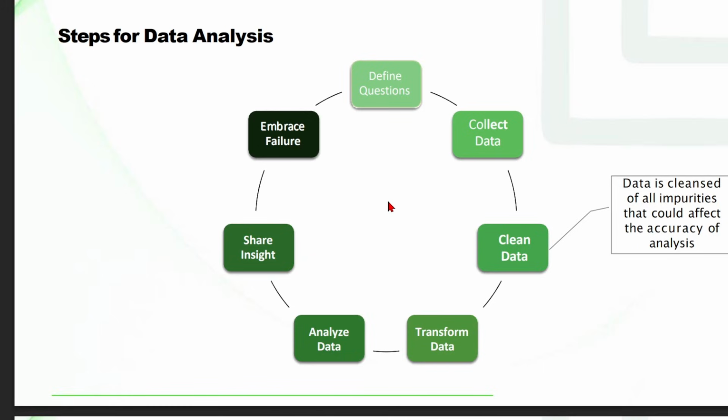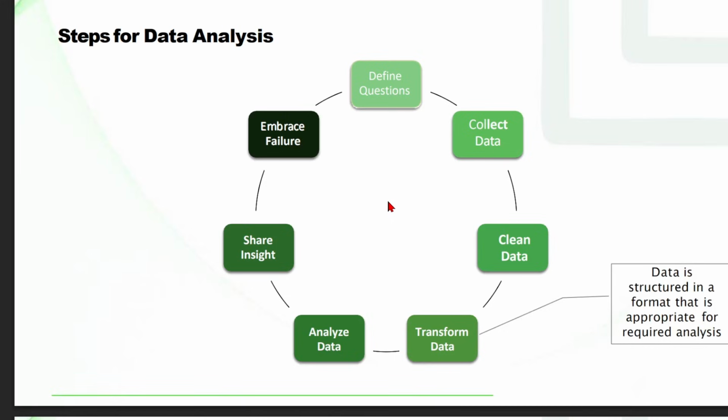So data can actually be dirty, so you need to clean it and transform it. You transform the data so it is structured in a format that is appropriate for the required analysis. So that's what transformation is: getting it to a format that you can actually use to analyze and answer the question.